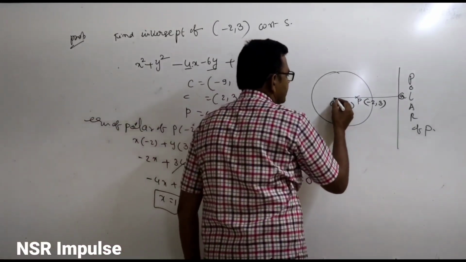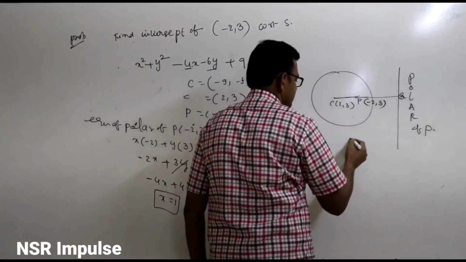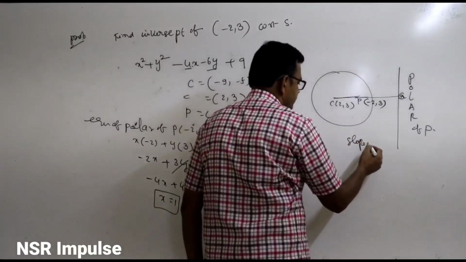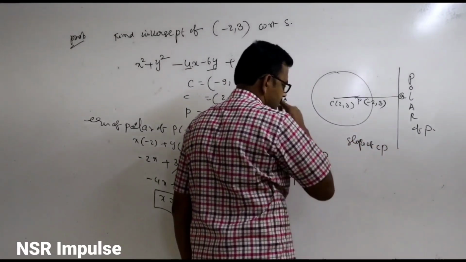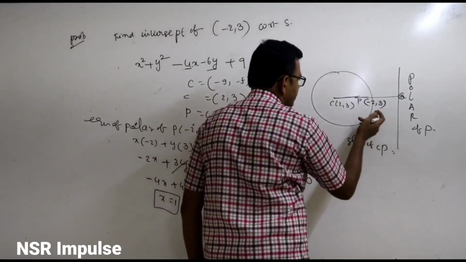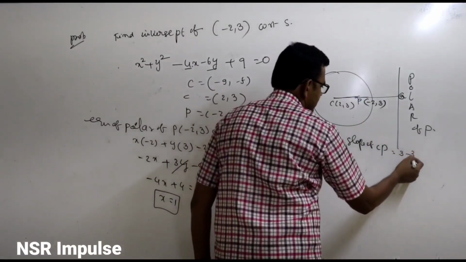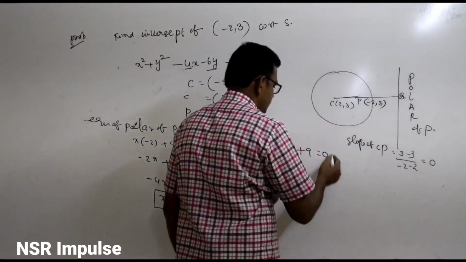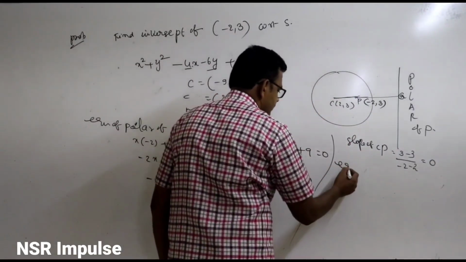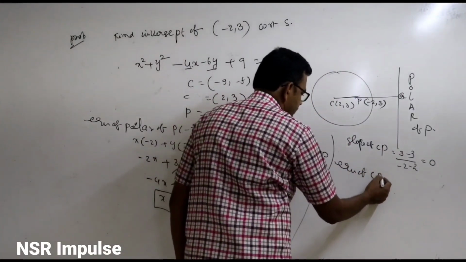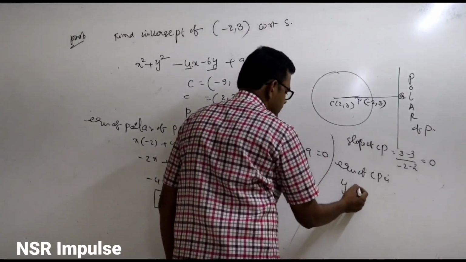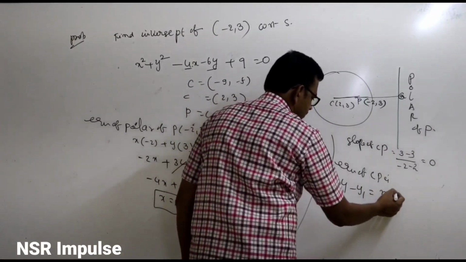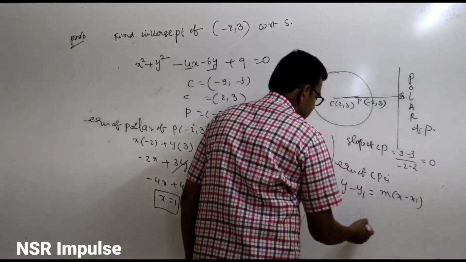And the equation of the line joining the 2 points. Now the slope of CP is y2 minus y1 by x2 minus x1, that is 3 minus 3 by minus 2 minus 2, that is 0. Therefore, the equation of CP is y minus y1 equal to m into x minus x1.